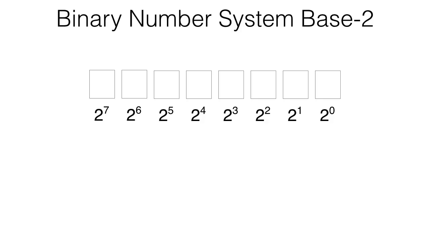Then it goes the power of 1, power of 2, power of 3 and continues on. Right here, I'm just showing to the power of 7, but it can continue on depending upon the size of the computer and how much the computer can handle.